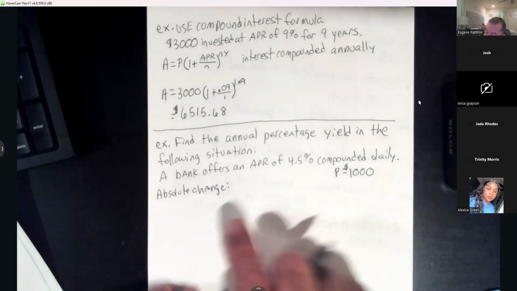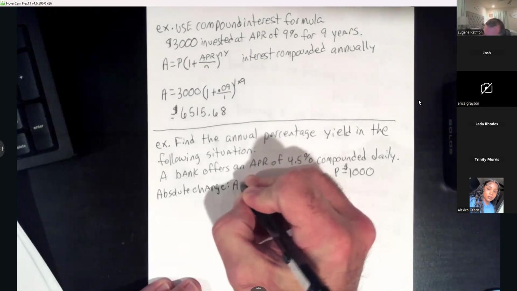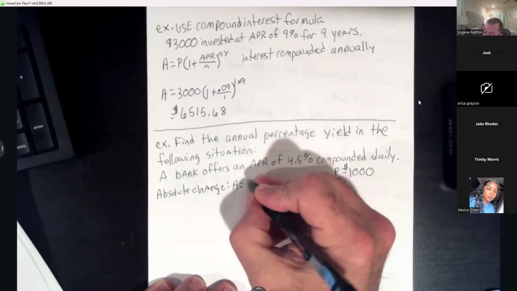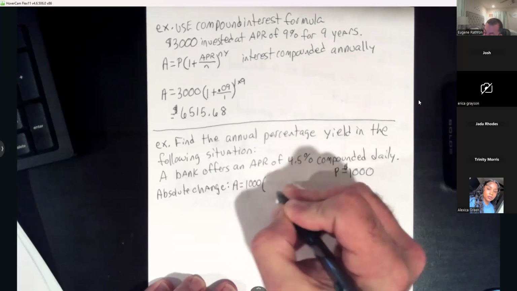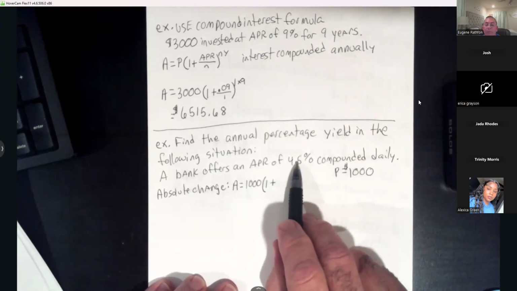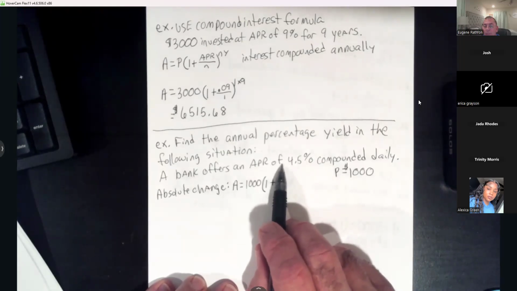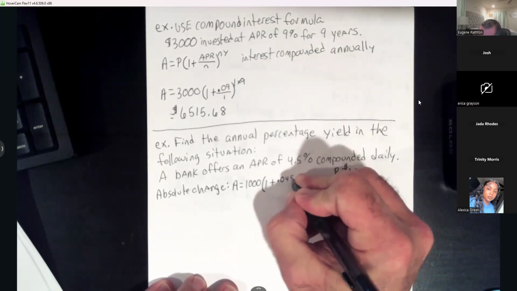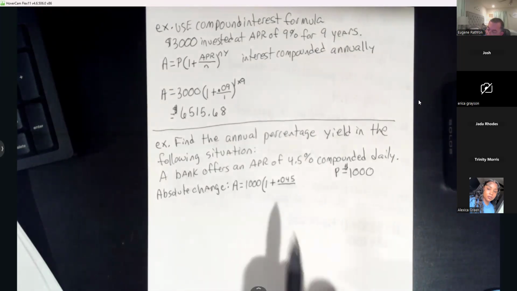All righty. So for my absolute change, that's going to be A equals my principal, which is 1,000, times 1 plus. All right, y'all are giving me 4.5%. If we move that twice to the left, we get 0.045. Check this out, y'all.